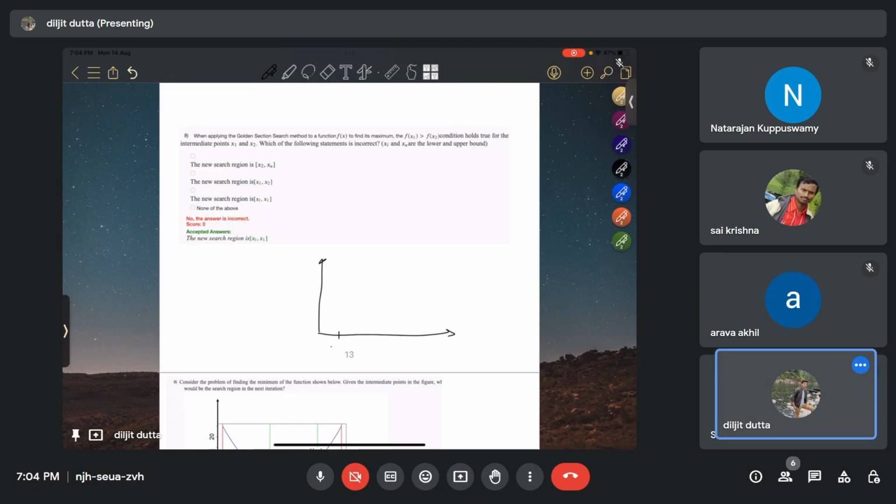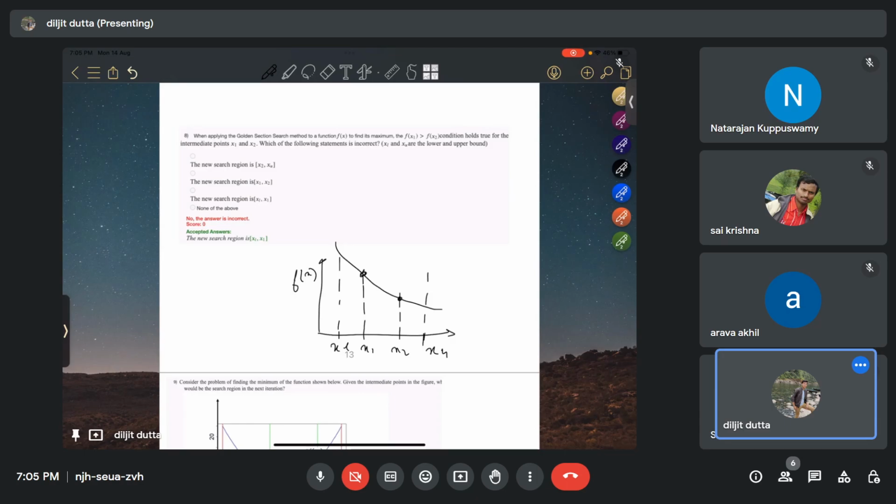We have xl and xu, the lower and upper bound, and we found f of x1 is greater than f of x2. Suppose we take this as x1, this is x2, this is f of x1, this is f of x2, and f of x1 is greater than f of x2. So the new search region will be between x1 and x2.